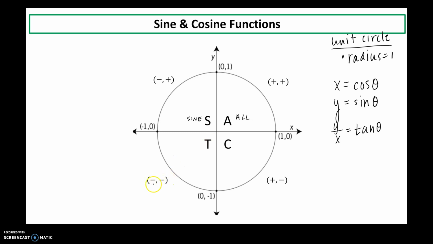In the third quadrant, both my x and y coordinates are negative. So if I divide two negatives, then only my tangent function is positive in the third quadrant. And lastly, in the fourth quadrant, my x coordinate is positive, my y coordinate is negative. So only my cosine function is positive in the fourth quadrant.